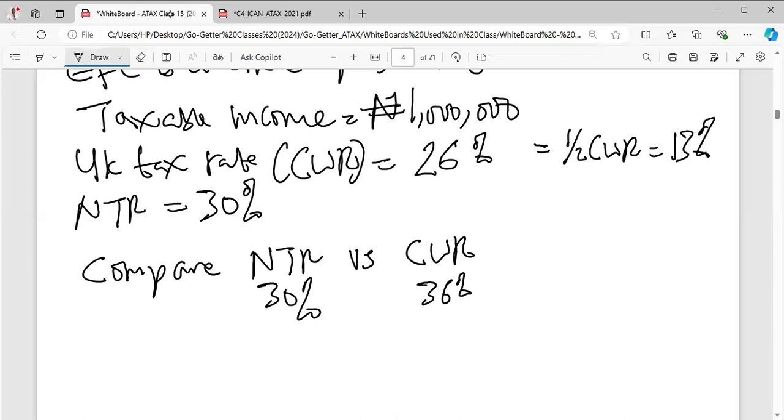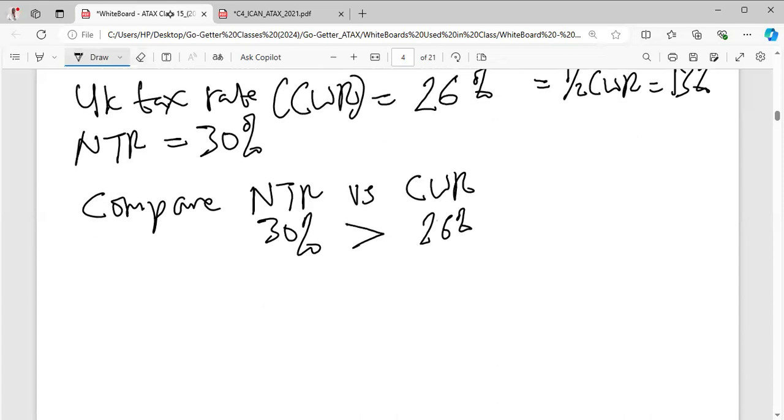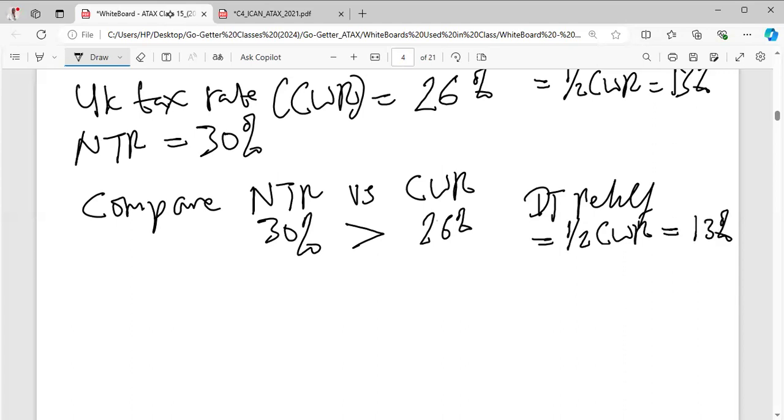So this is 26%. Of course, this is bigger than this. So DT relief will be half of CWR, which is 13%, right?